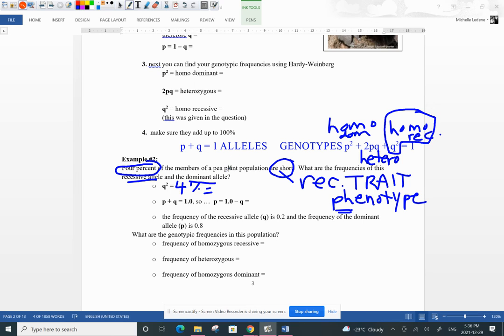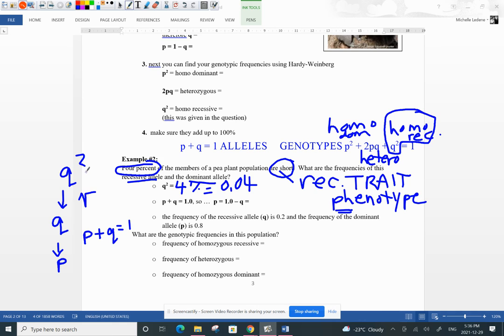As a decimal, 4 out of 100 is 0.04. So now we're asked to find the recessive and dominant alleles. So we just found Q squared as we did previously. Now you find Q by taking a square root, and then from there you can find P by using your allele formula. P plus Q is 1.